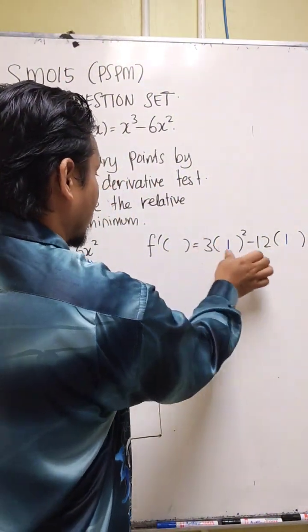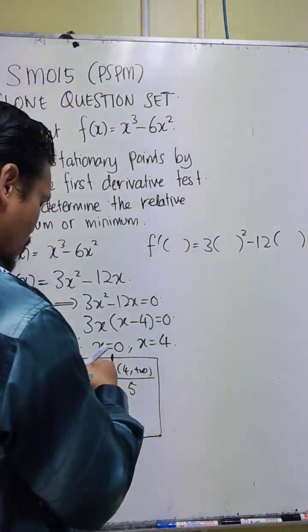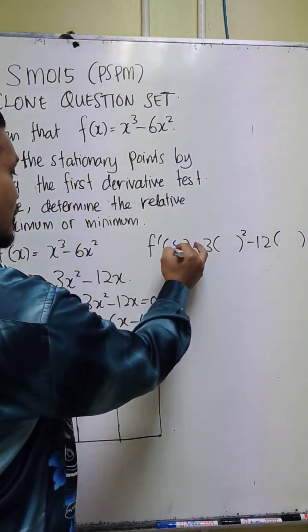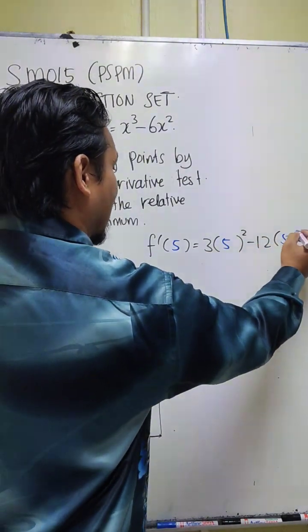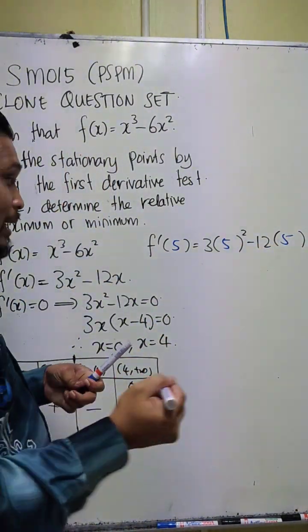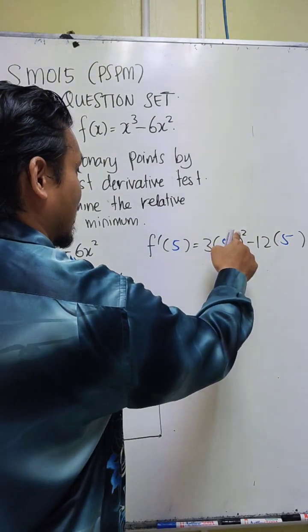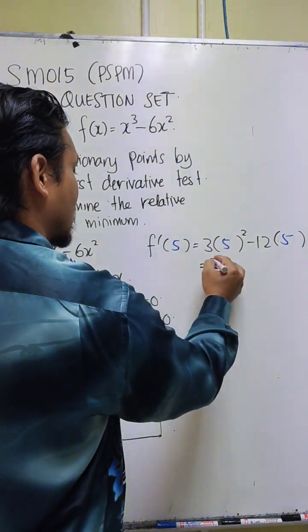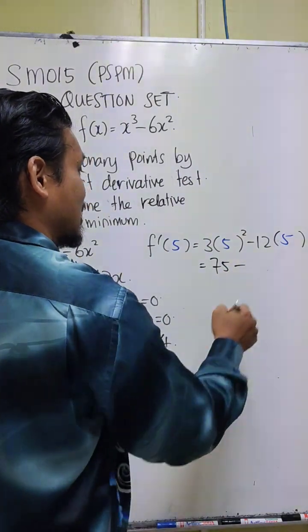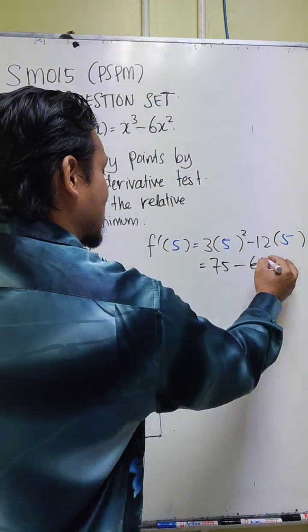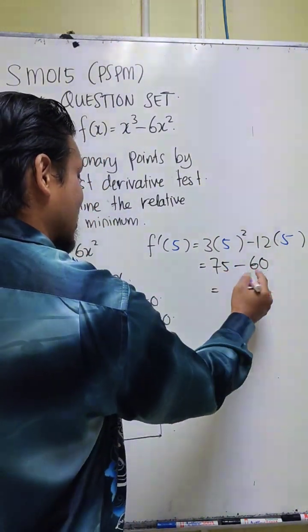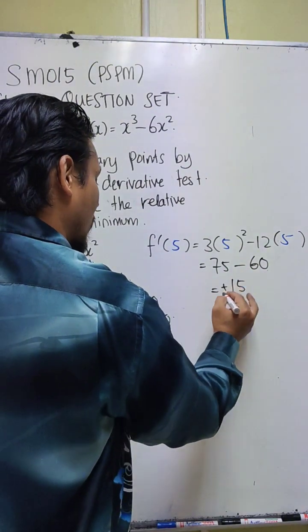Then next, x equals 5. 5 squared is 25, times 3 is 75, minus 12 times 5 equals 60. So 75 minus 60 is 15, which is positive.